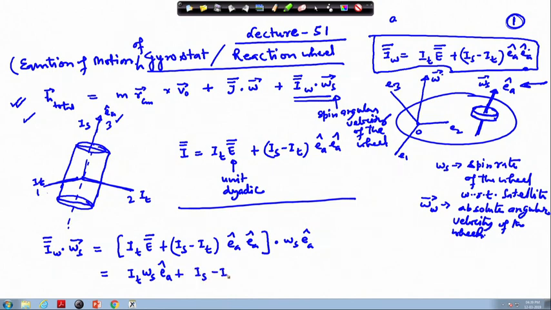And then I s minus I t times omega s, and E a dot E a will be equal to 1, since this is the unit vector. Therefore we get omega s times E a cap. You can see that the I t term is present here and also here, so that term cancels out and we get I s times omega s times E a cap.